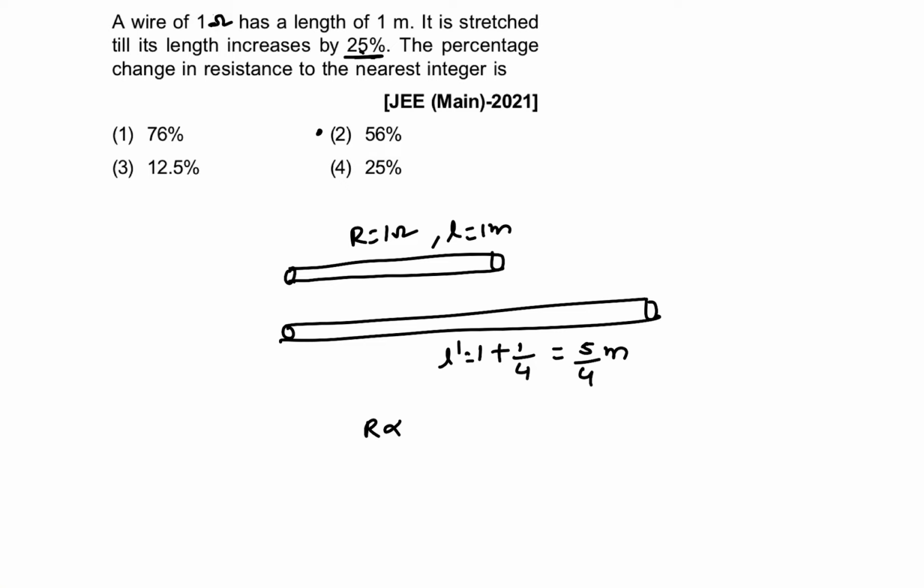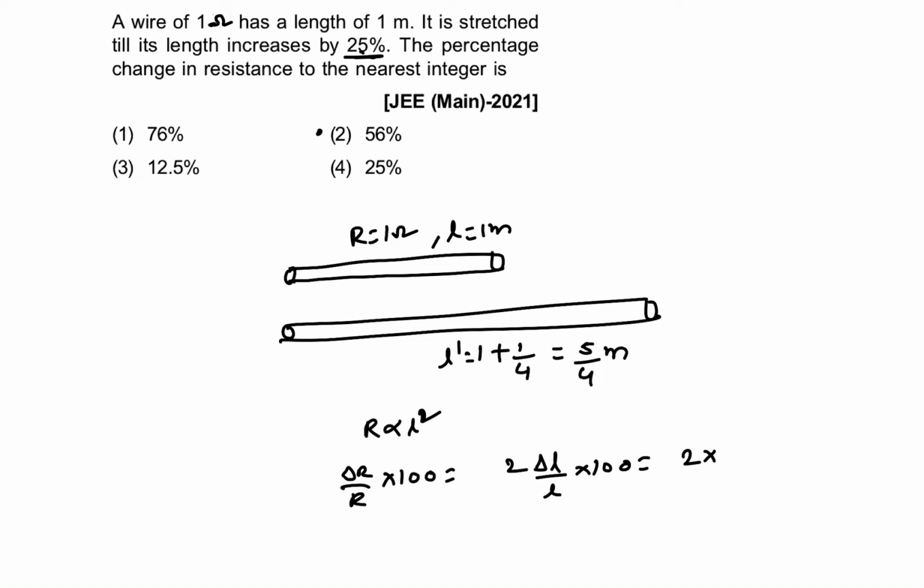If 5 by 4 is the new length, you can calculate the value: R is proportional to L square. You can write it as delta R divided by R into 100 is equal to 2 into delta L divided by L into 100.